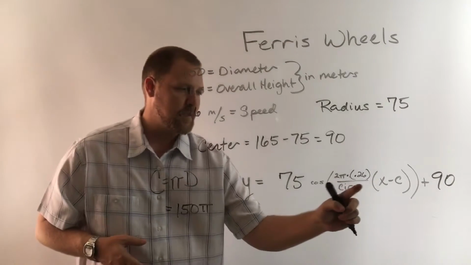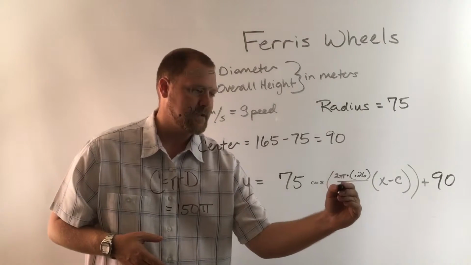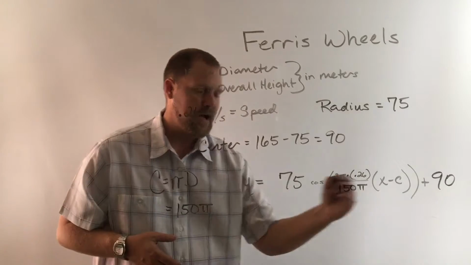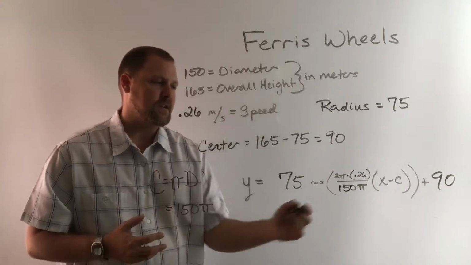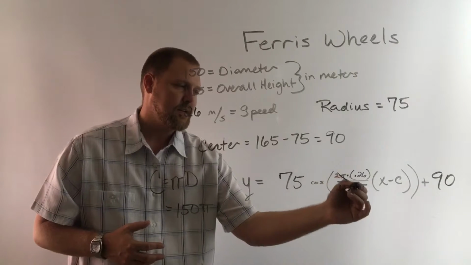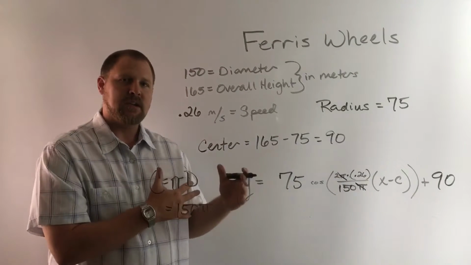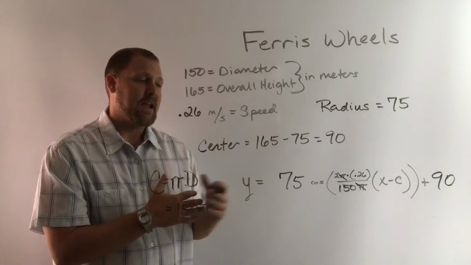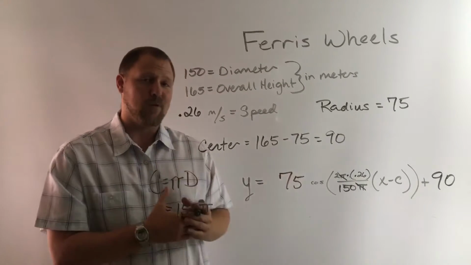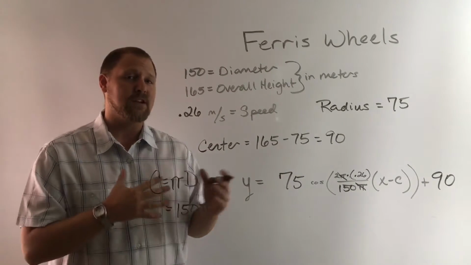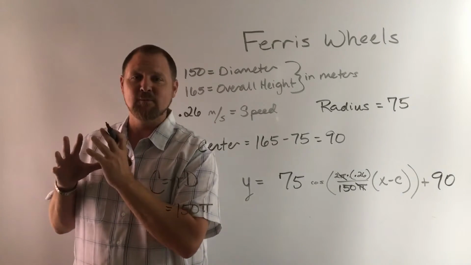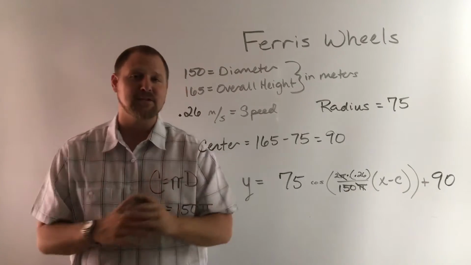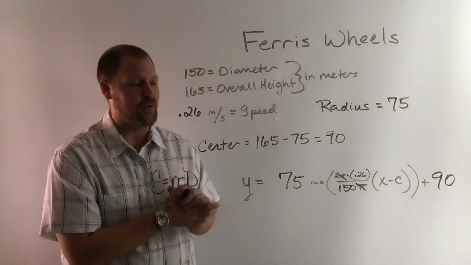I can then change my circumference to 150 times pi, and hopefully I can start to see one of the first changes here, in that pi divides out, and now we don't have to even worry about putting pi in our calculator, which I know is a headache for those of us who like to be exact and put the actual pi button in the calculator, versus those who like to approximate 3.14.